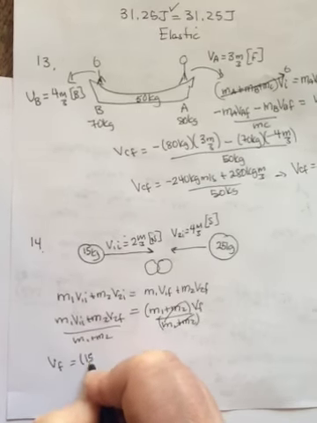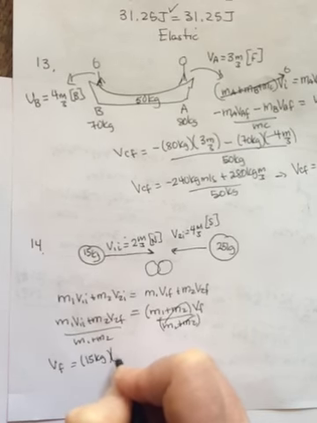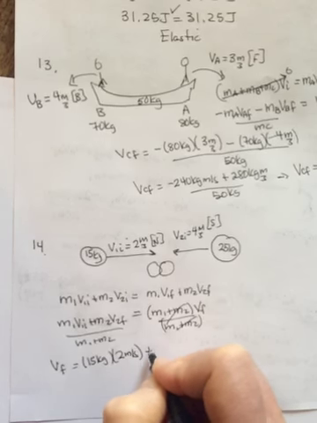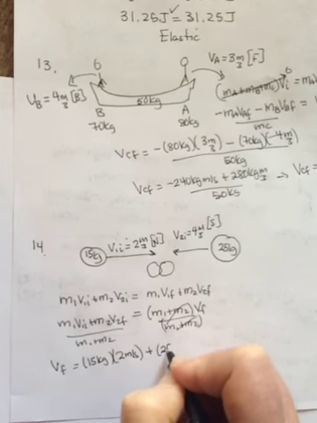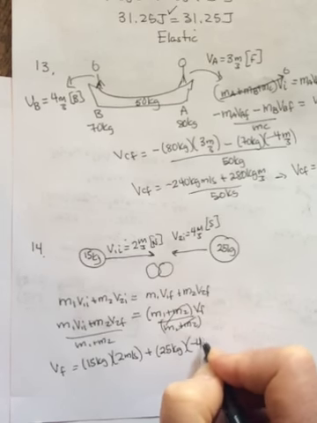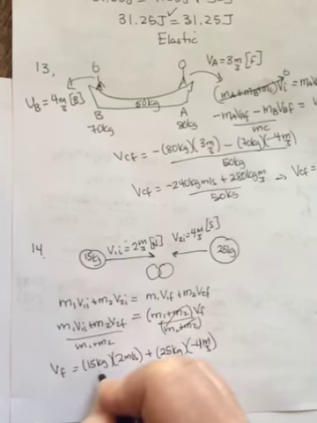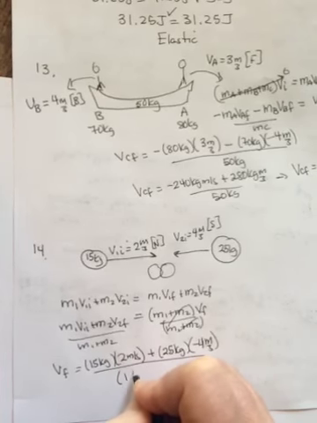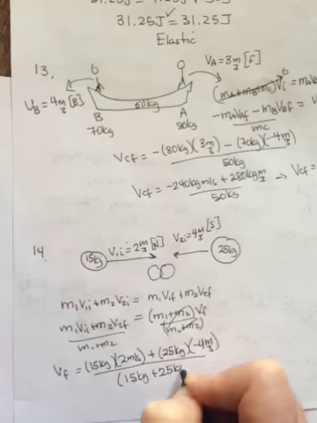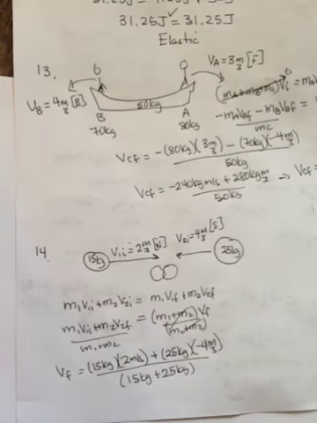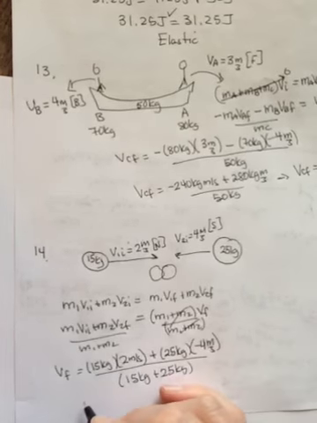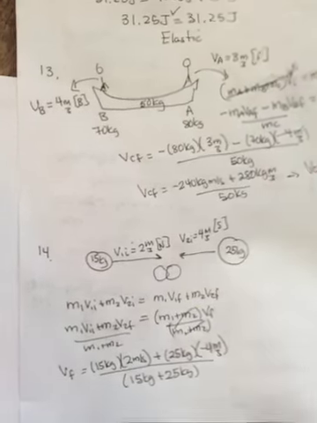So you have vf equals m1, 15 kilograms, initial is 2 meters per second, and it's north, so we call that positive. Plus m2, 25 kilograms, and it's going south, so negative 4 meters per second. And then you're going to divide by 15 kilograms plus 25 kilograms. So 30 minus 100 is negative 70, and on the bottom, over 40.